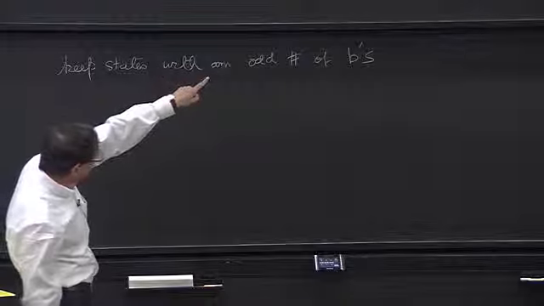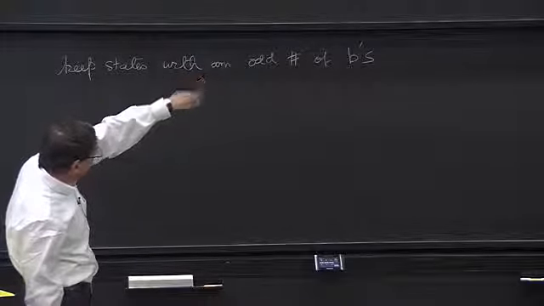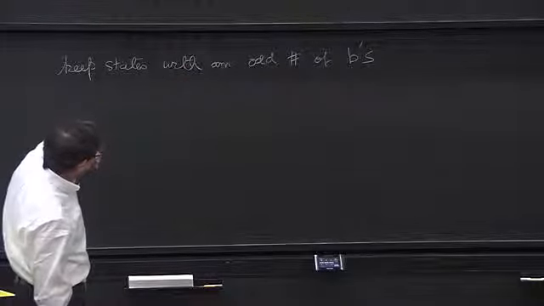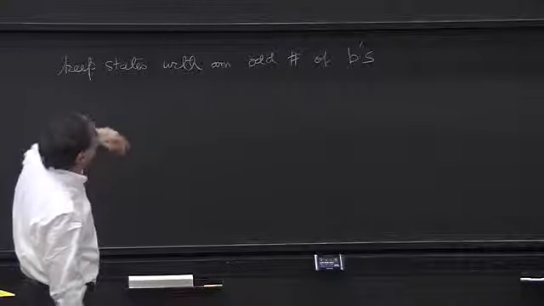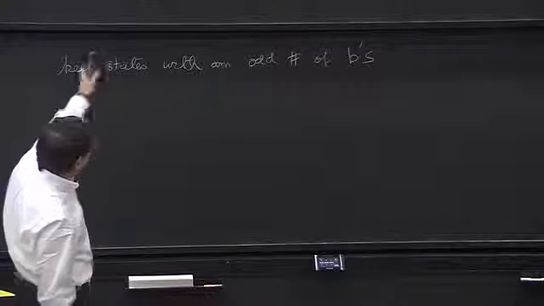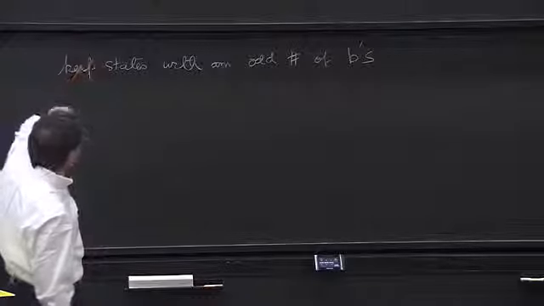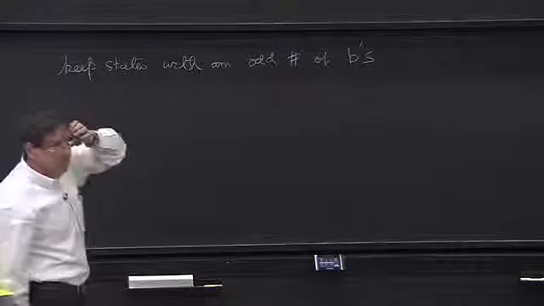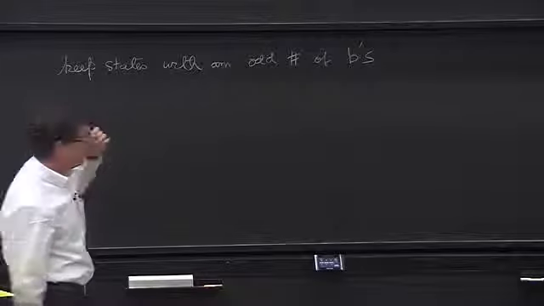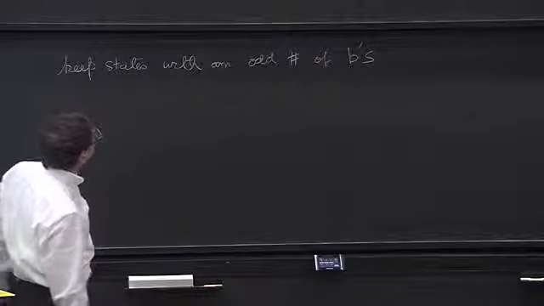The 128 states in there have either 3 b's or 1 b. And you know, the odd numbers of b's, because the mass is shifted by 1/2, represent integer values of alpha prime m squared. So we want to keep things with an odd number of b's.